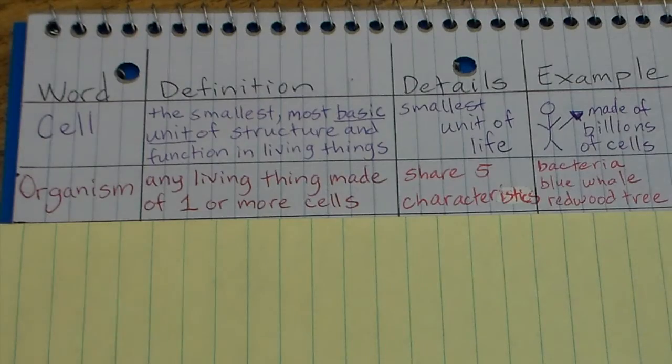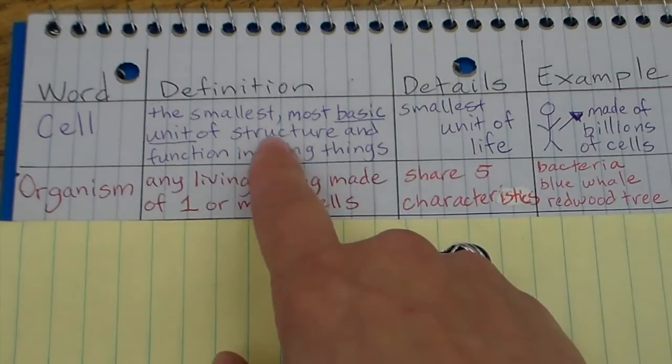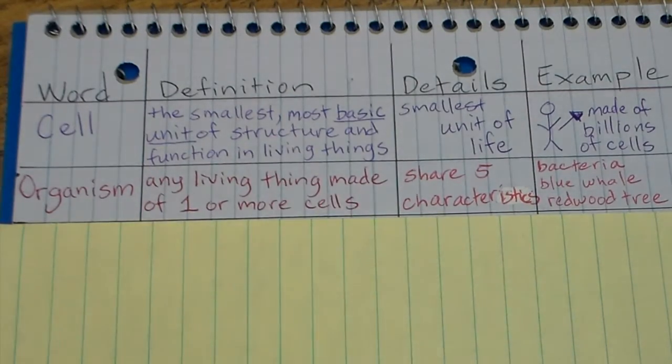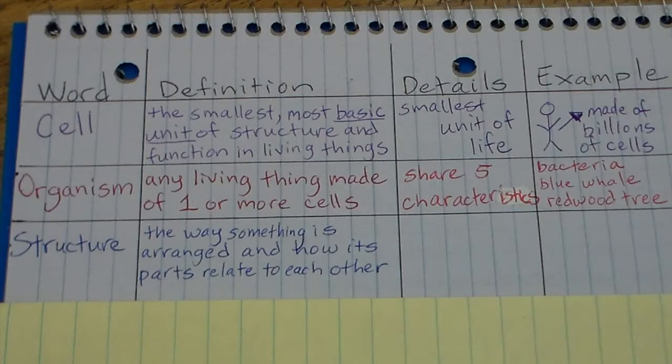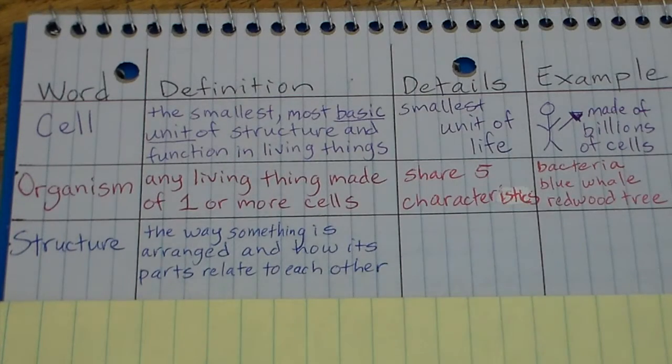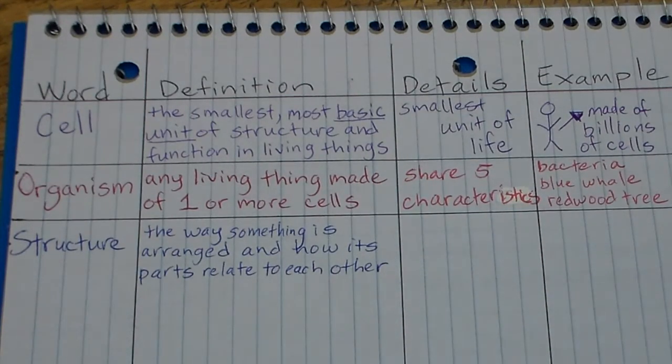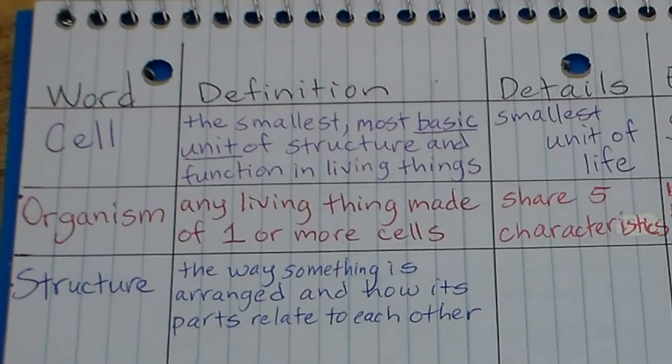All right, so we're going to go back to, in this definition, the word structure, because we're going to be hearing the word structure a lot, not just this unit, but the entire year. So structure, this is our last vocabulary word today. Structure is the way something is arranged and how its parts relate to each other.